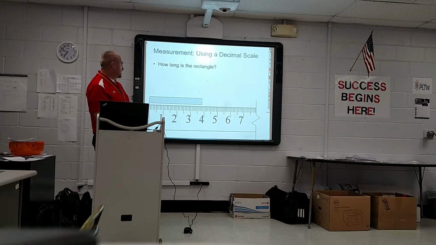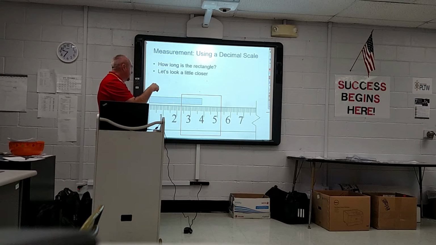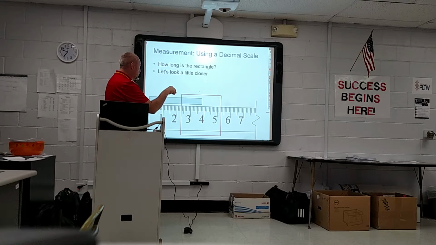Let's look just a little closer and zoom in just a little bit. As we see the red box zooming in for us, this box lets us know that this measurement is between 3 and 5 inches. So we know that it's more than 3, and we know that it's less than 4.